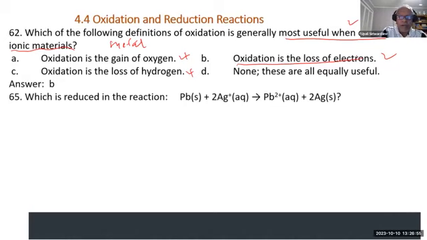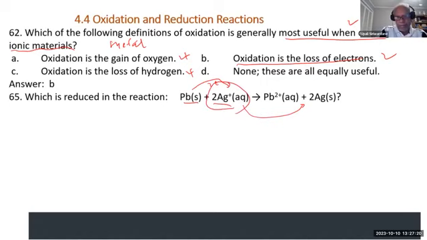Which is reduced in the reaction? Lead loses 2 electrons to silver. Silver gains electrons. Therefore, lead is losing electrons, oxidized. Reduced is this one.